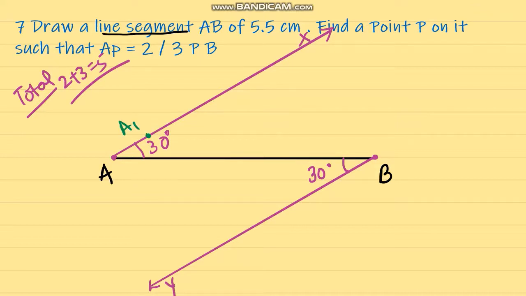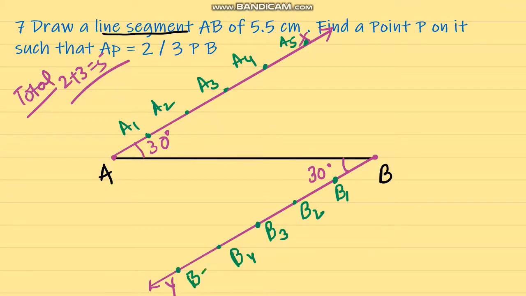This point is where your ray is intersecting with the lines of your copy. Now A1, A2, A3, A4 and this is A5. Similarly, B1, B2, B3, B4 and B5.